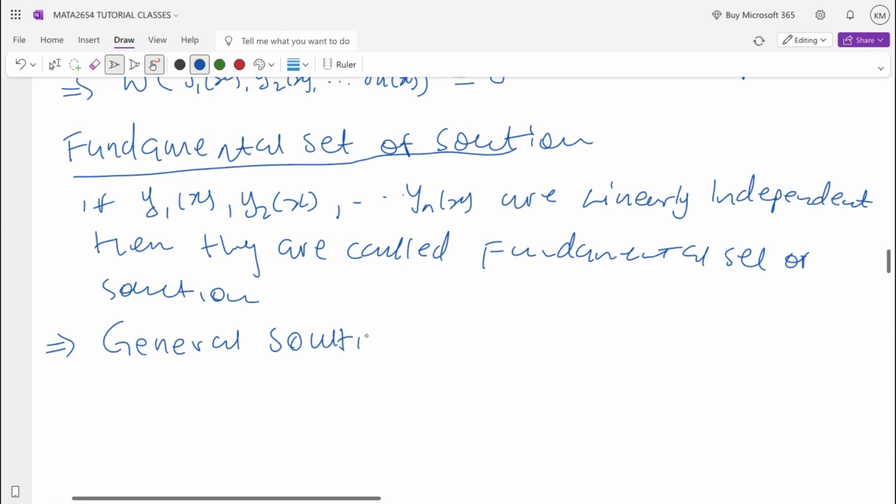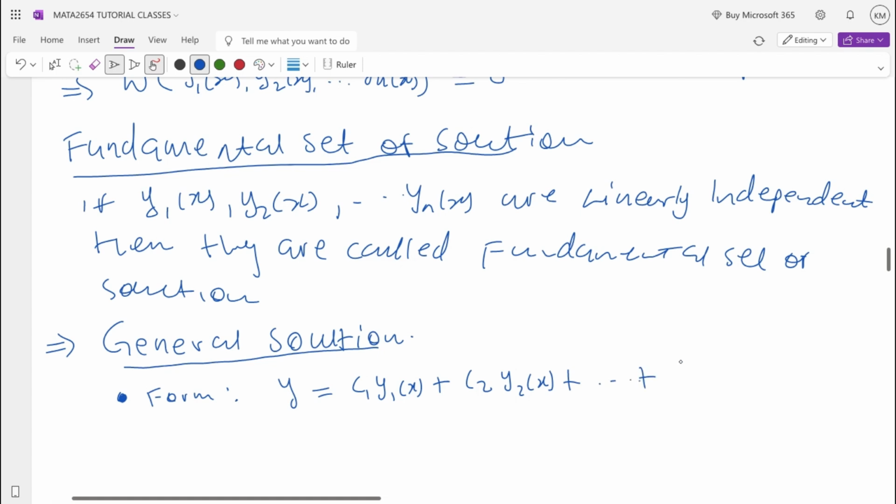General solution. A general solution is of the form, what did I say at the beginning? I told you guys that it has to be y equals c1 y1 of x plus c2 y2 of x plus and so on up to the last one.